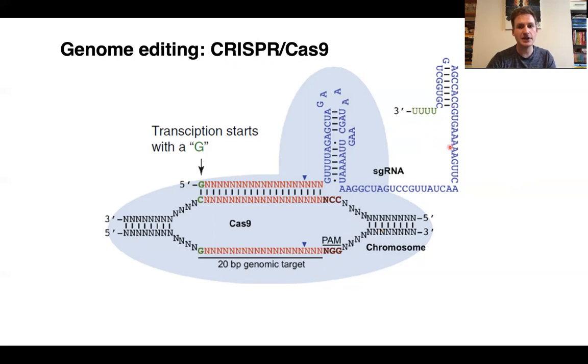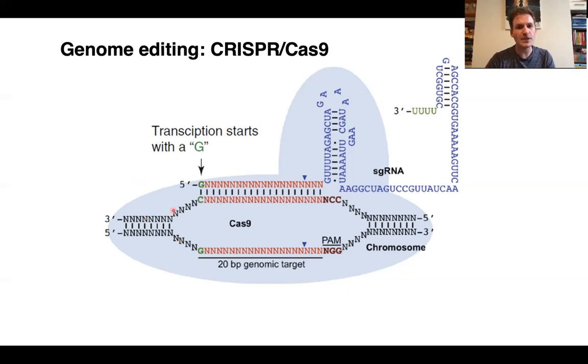And the different colors represent parts of the RNA that are important. So these blue parts are absolutely critical. The red parts are parts that you can change to specify your gene of interest or where you want to edit. And then the black parts are sort of variable, I guess.